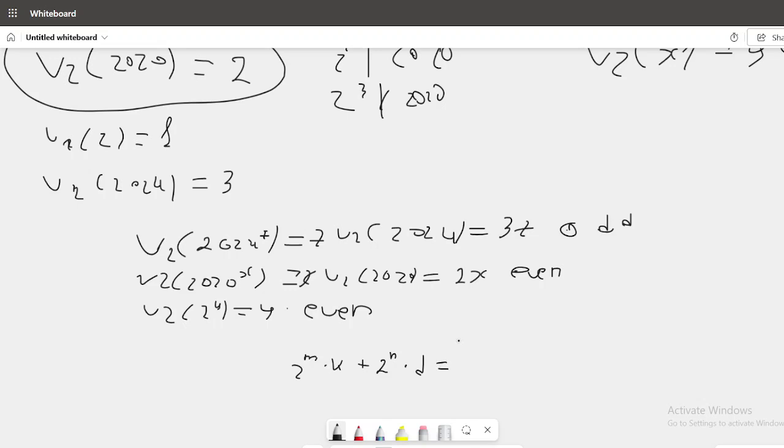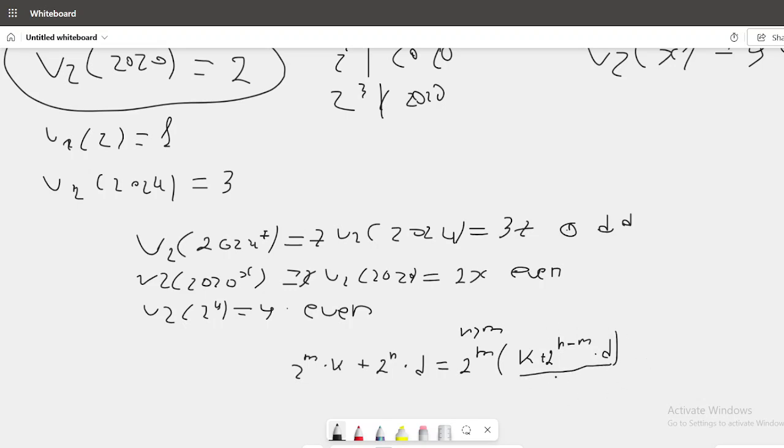What will that give us? We'll take n more than m, right? This gives us 2 to the power of m out of the brackets, and you get k plus 2 to the power of n minus m times d. And what is this equal to?